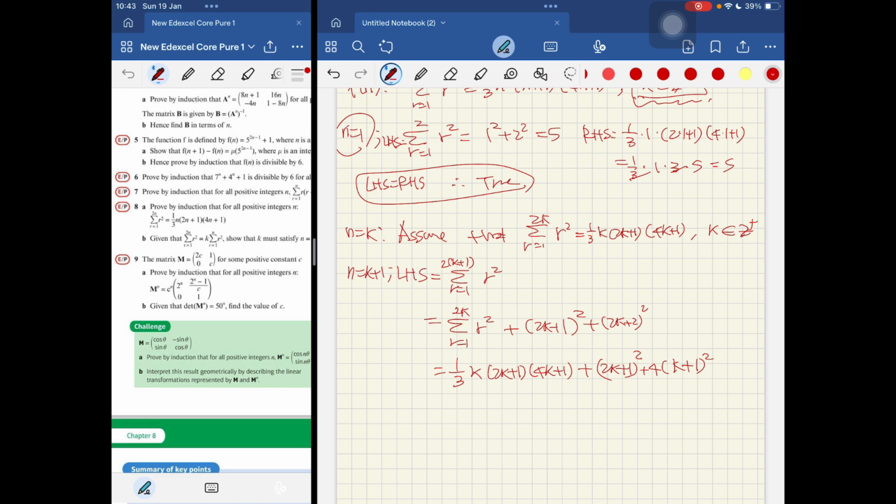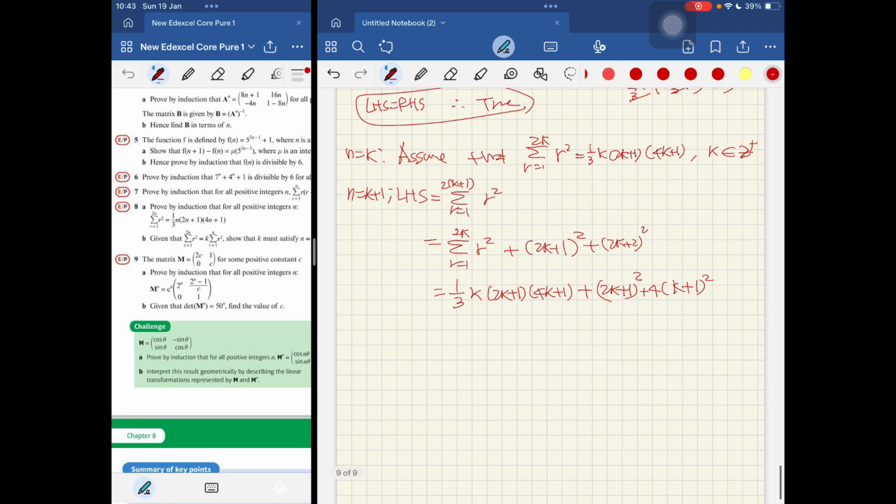None of them has any clue here. So just because we need 1 over 3, let me make it 1 over 3.